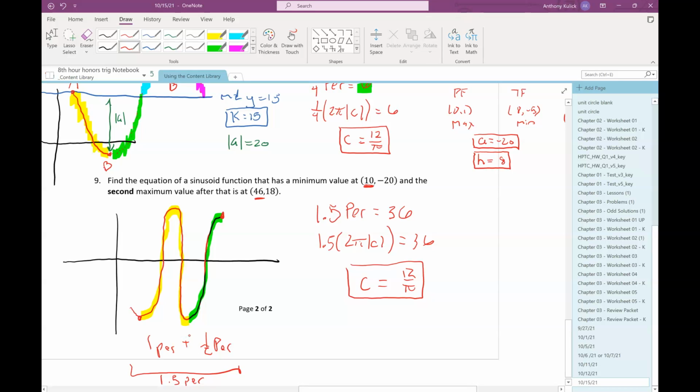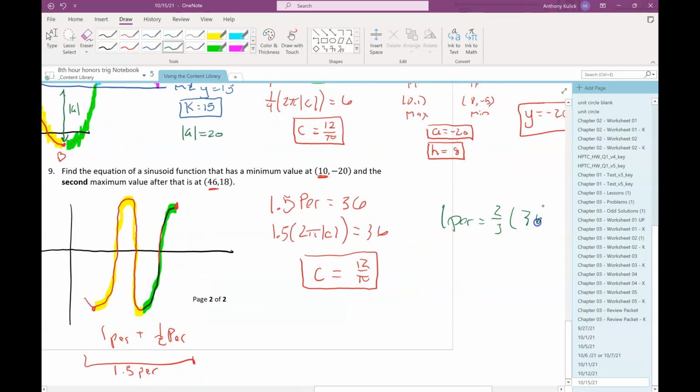Luke, you multiplied it by 2 over 3. So if you look, I said there that one period is 2/3 times 36, which would be the same thing as if I multiplied both sides by the reciprocal. 1.5 is 3 over 2. If I multiplied both sides by 3 over 2, I'd have this, right? Or by the reciprocal of 3 over 2, I'd have that.